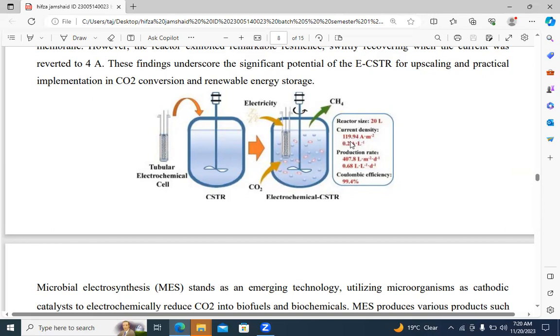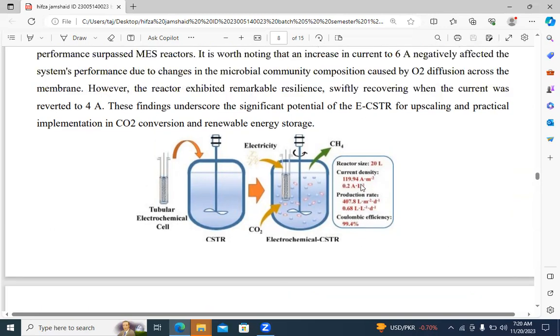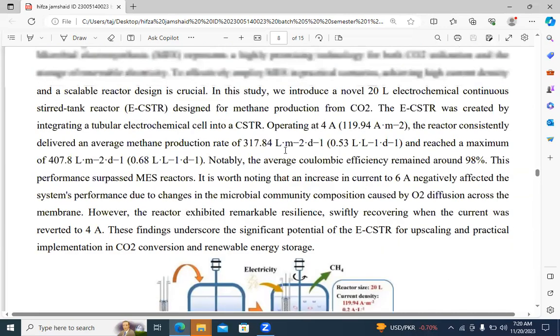The current density is about 19.9 amperes per square meter, and the production rate will be 407.8 something. The percentage of methane product formed at the end is 99.4%. There is also the Coulombic efficiency.